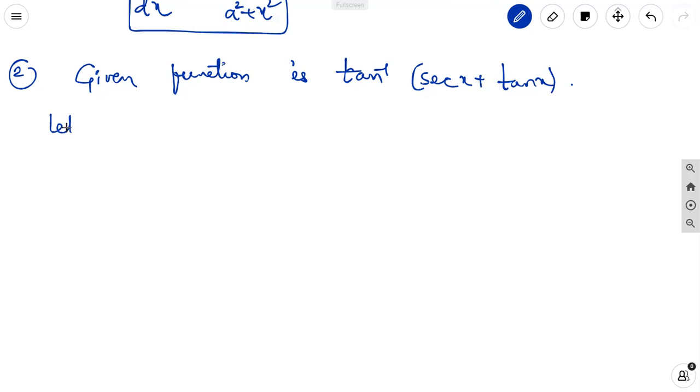Now we are taking, let the given function y equal to tan inverse of secant x plus tan x.